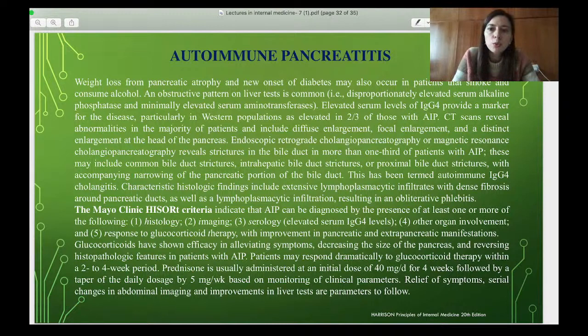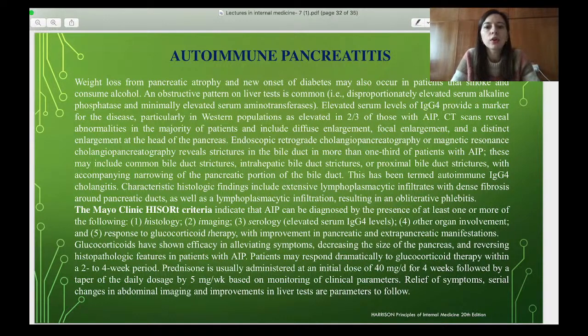Computed tomography scans reveal abnormalities in the majority of patients and include diffuse enlargement, focal enlargement, and a distinct enlargement of the head of the pancreas.